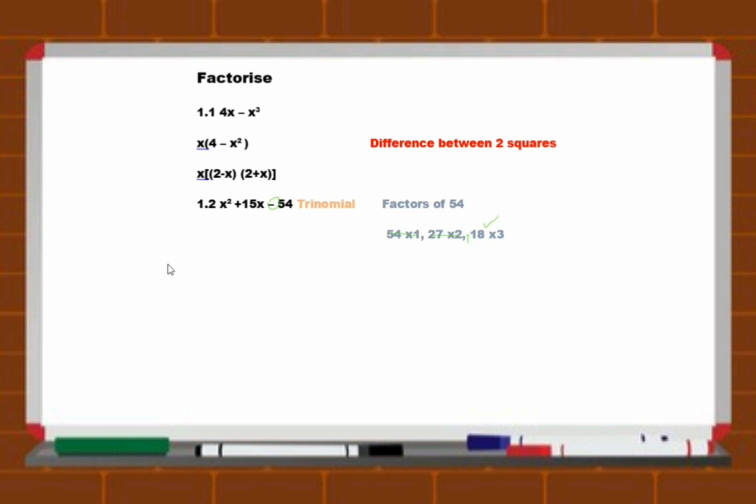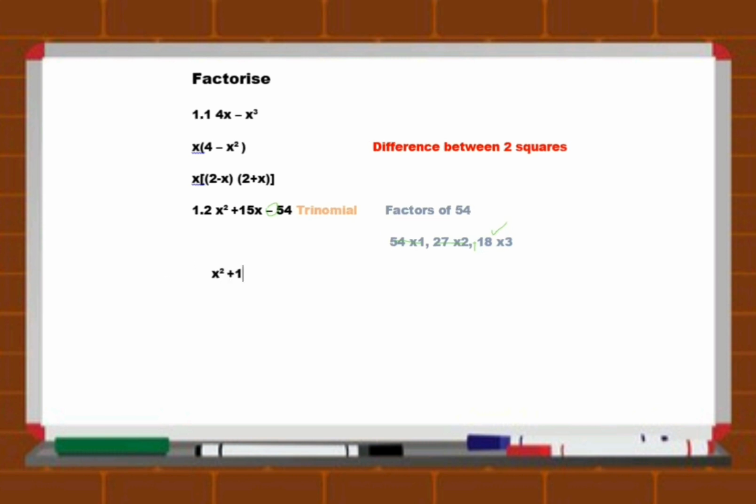You're gonna say x squared plus 18x minus 3x minus 54, which will give you, then your final answer will be x plus 18 and x minus 3.